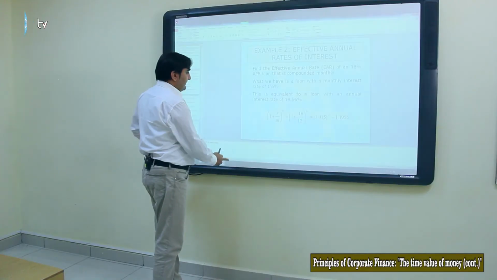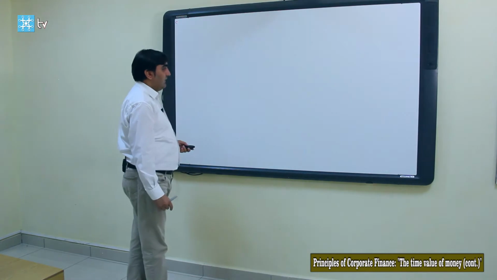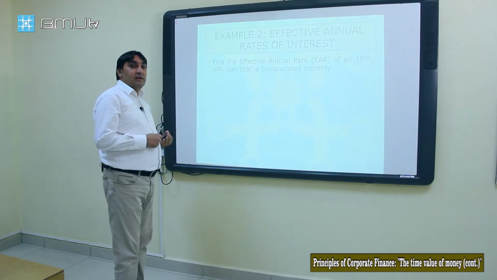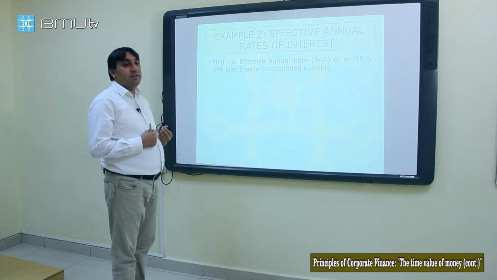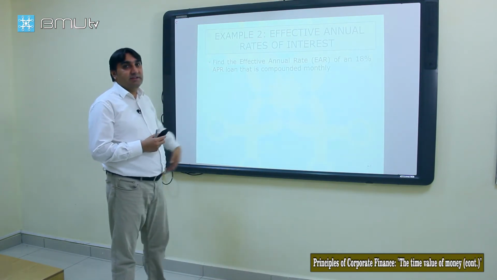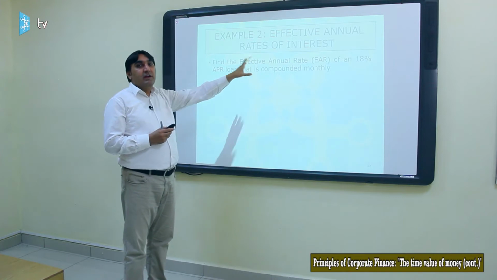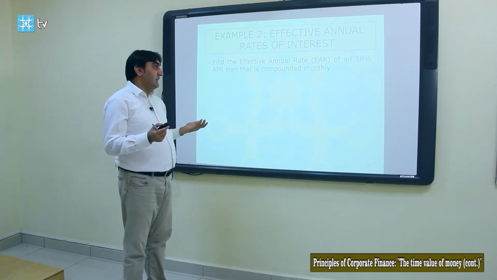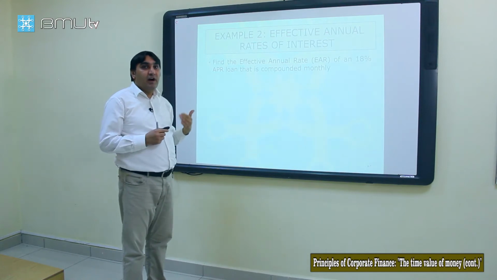The effective annual rate approach may sometimes confuse borrowers. For example, they say that we lend you at 12%, but compound monthly. So it is clear that it will be higher than 12%.